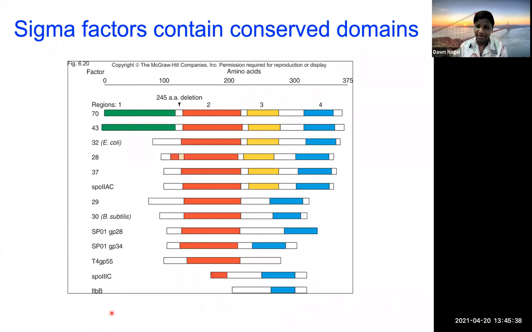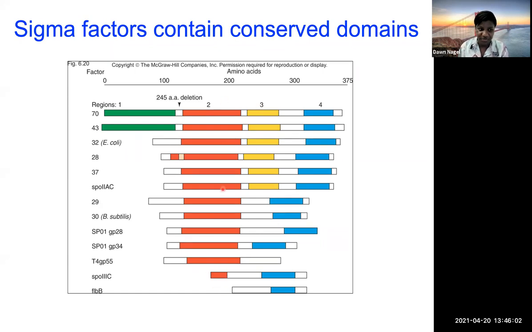When you look at the sigma factor, which we know is important for binding to the promoter elements, the -10 and the -35 box, again, this is looking at multiple sigma factors in different bacteria. We've sequenced them, we've cloned them, we've looked at the sequence, and you can see that there are similarities to some extent.